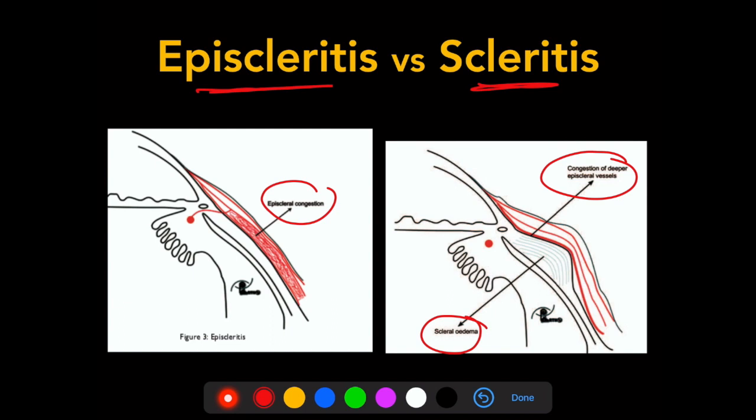Scleral edema is the important feature in scleritis. There is actual edema and stretching of the sclera, and that's why, because of the mechanical stretch, you experience pain. So scleritis patients will scream in pain, whereas episcleritis patients will not.